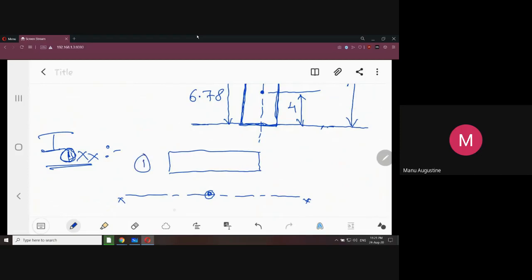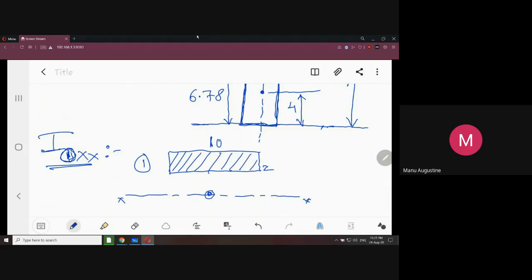Please remember the sides are 10 and 2. So we have to find the moment of inertia of this area about this xx.